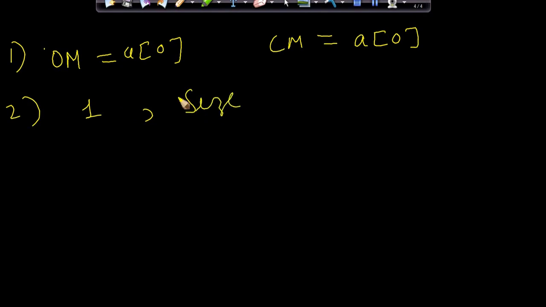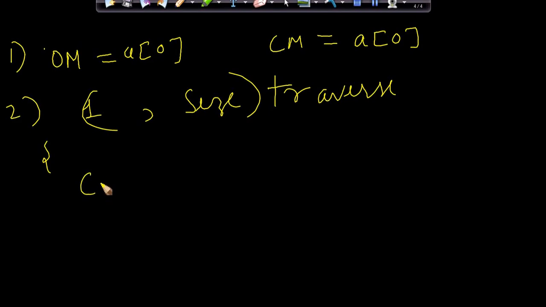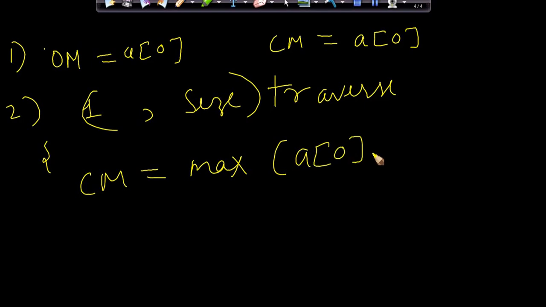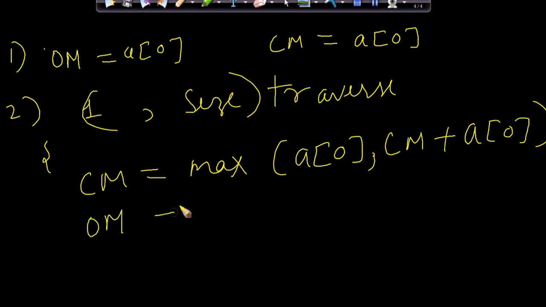We can go through the complete array from 1 to size. We'll traverse through the whole array, and what we'll do is update current max as the max of the current element and current max plus the current element, and we'll update our overall max as the max of current max and overall max.